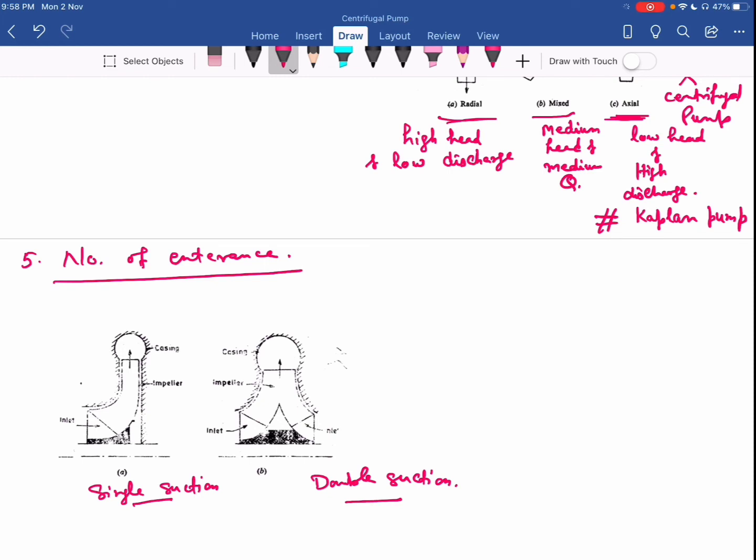So you can see here from the eye, water enters from one side of the impeller. In this second diagram, the water enters from both sides of the impeller. So this case is double suction, and this is the single suction pump.